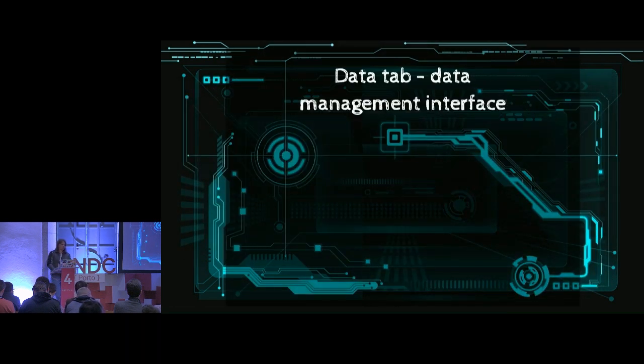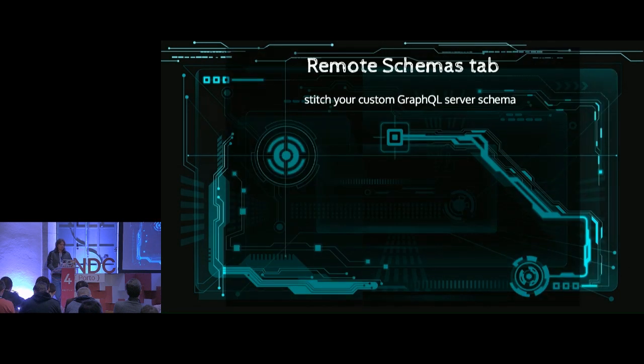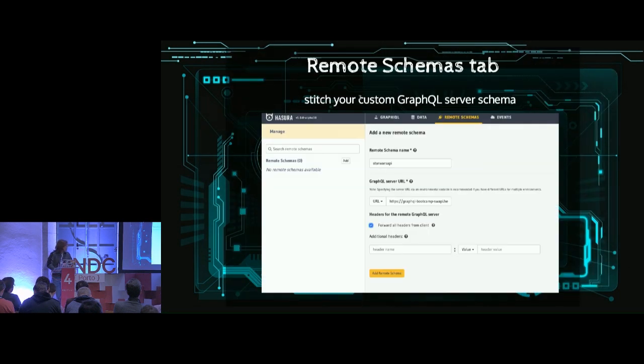The data tab is for managing data. I already mentioned all of these. It also has granular permissions control and access control. Remote schemas look like this. We can add our GraphQL server URL, and the engine will automatically stitch the schema.